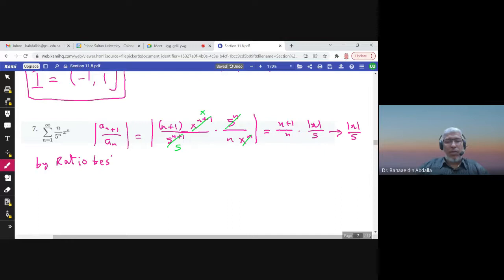And by the ratio test, this series is absolutely convergent if absolute value of x over 5 is less than 1, which means absolute value of x is less than 5.